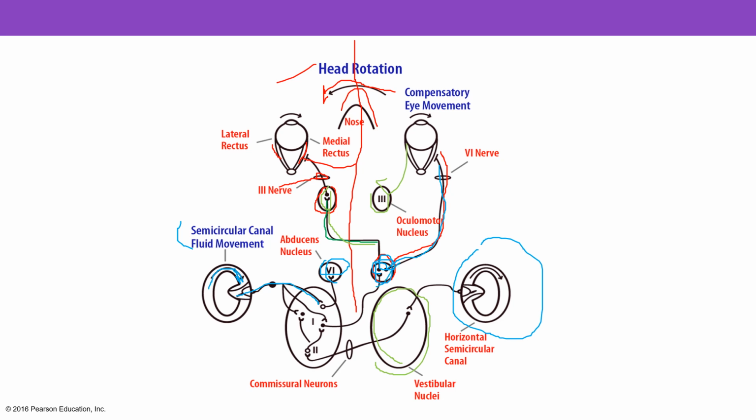So we're getting information from our eyes and from our canals. And it's going to give information back and forth through this commissural neuron here to the other vestibular nuclei. It's getting information from here as well. So it's all connected.